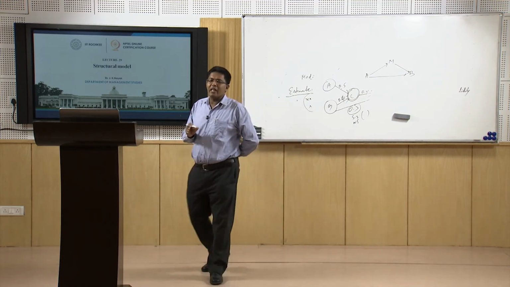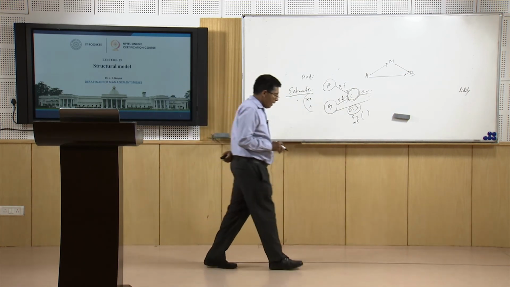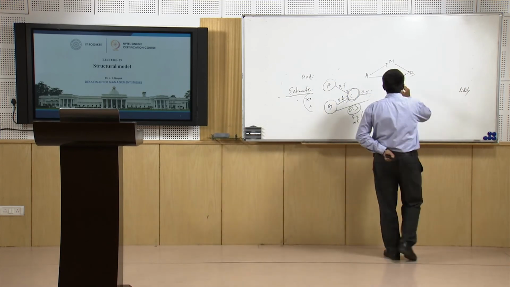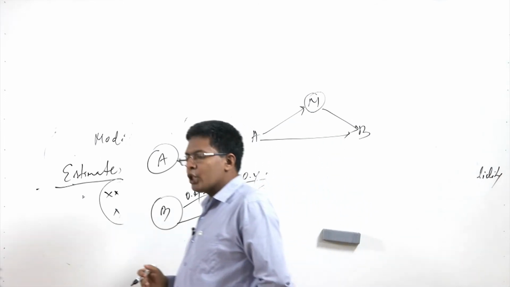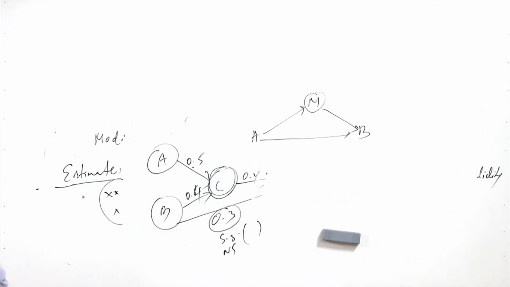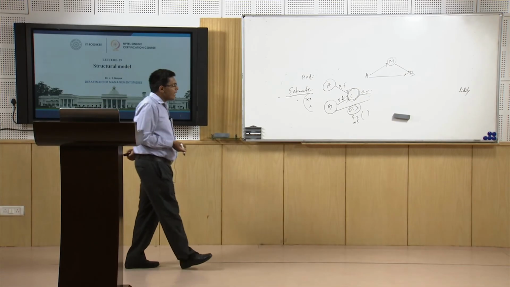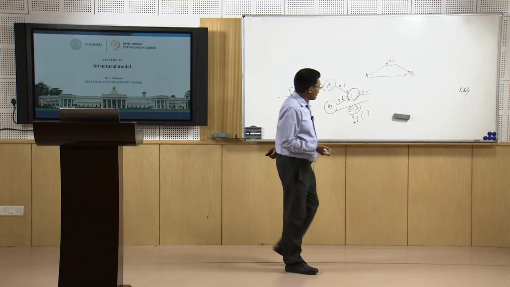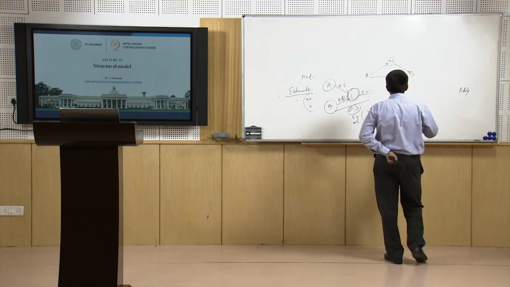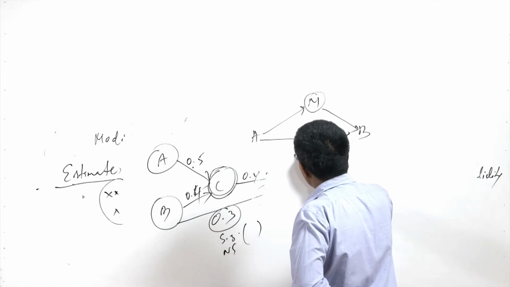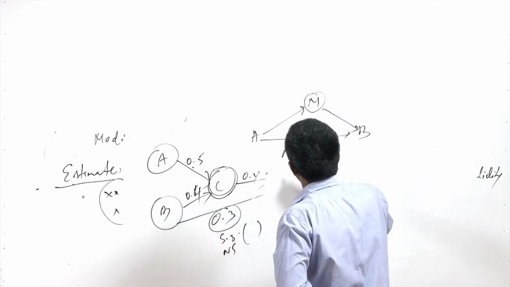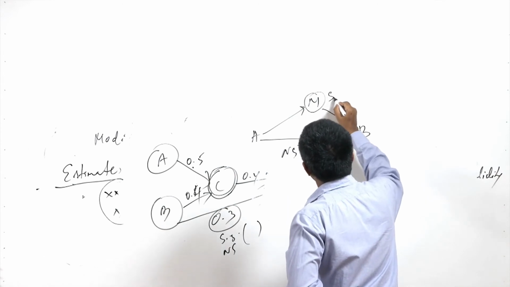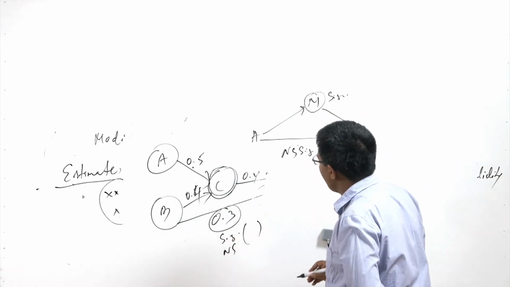If the significance level changes, let us say when you bring in a mediator the relationship becomes strongly significant and the direct effect shows not so strong, then we say it is a case of full mediation. That means A to B was earlier significant, now it is not significant, and through the mediator it is becoming significant, then we say there is a full mediation.